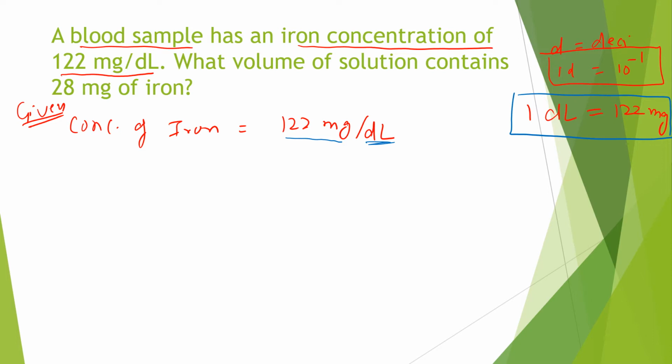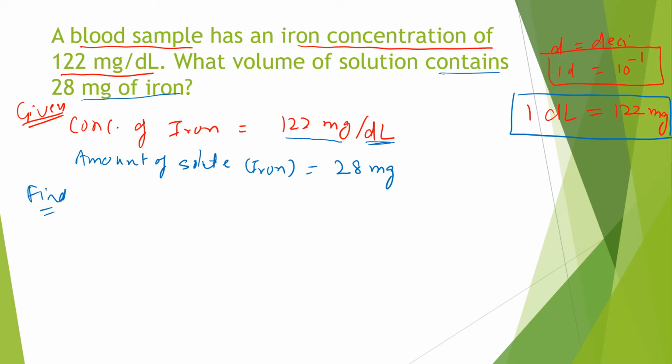What else is given? The amount of solute is given. Remember, solute in this case is iron, and the quantity of solute is 28 milligrams, and we want to find what volume. So we want to find the volume of solution.